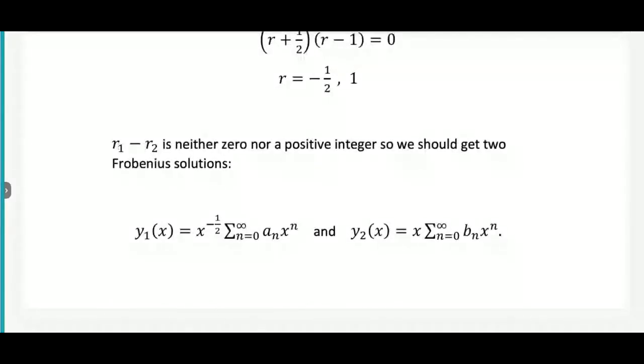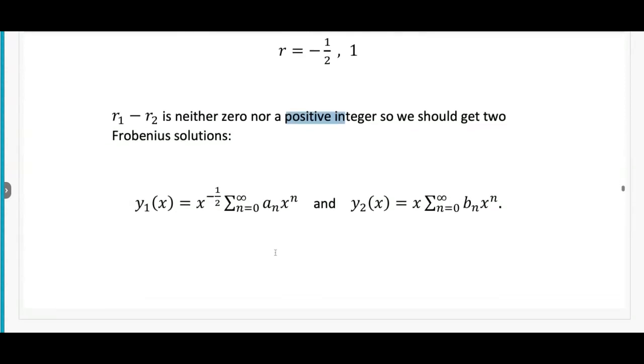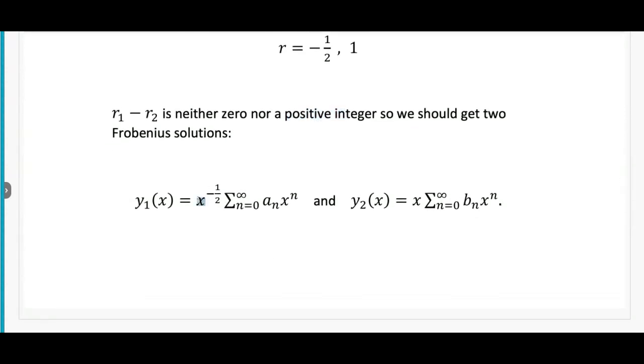So the smaller one minus the big one is neither 0 nor a positive integer. So we will get two Frobenius solutions: x raised to R1 and x raised to R2, in this case negative half and 1. Anyone has any questions?